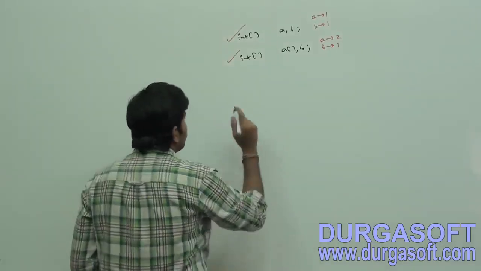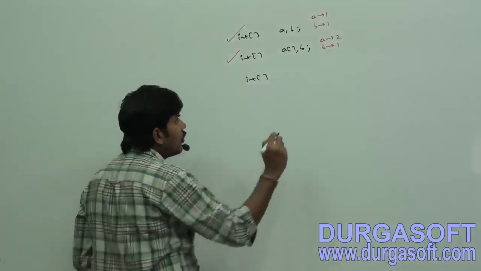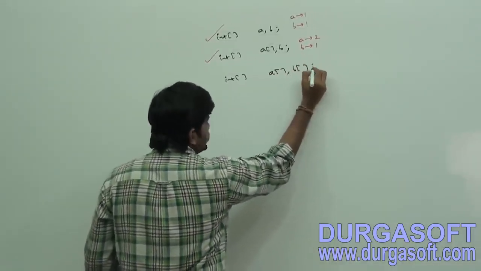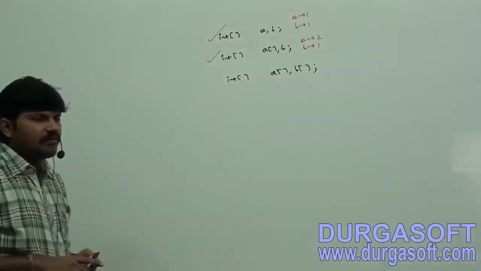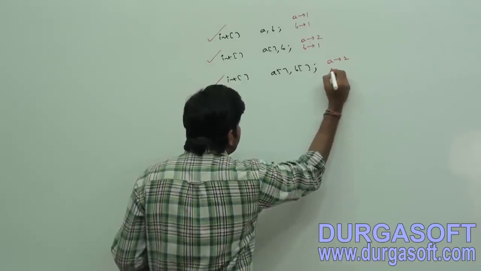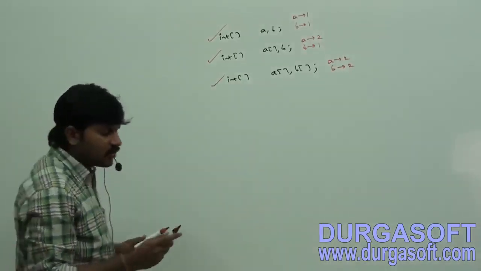Next, a one-dimensional array type with a[] and b[]. Here I am taking a and b. No new thing. What is a's dimension? 2. What is b's dimension? 2.